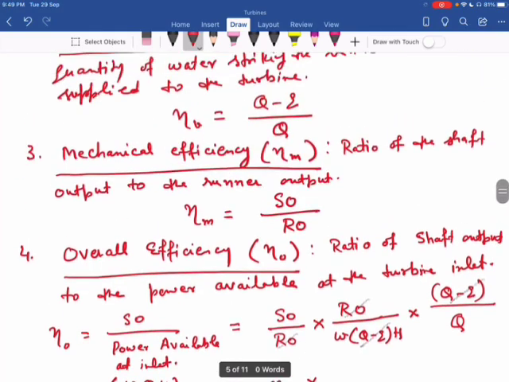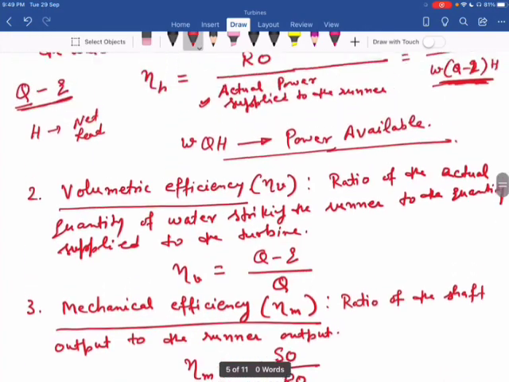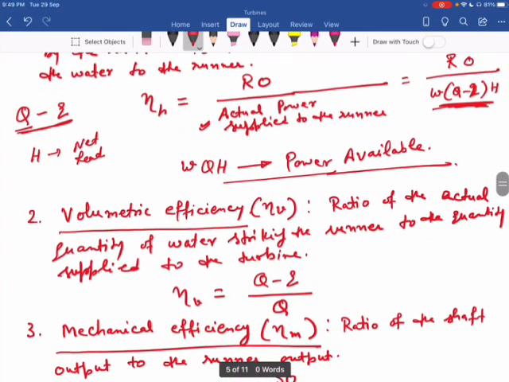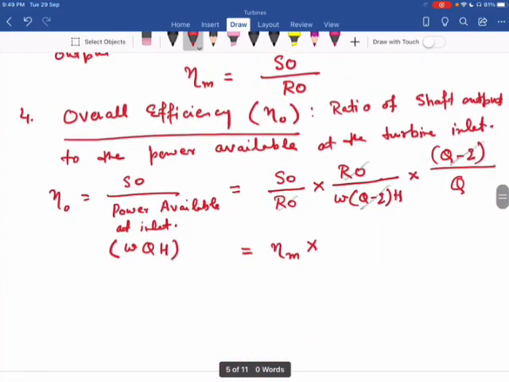Runner output to W(Q minus q)H is my hydraulic efficiency. And the last term, (Q minus q) by Q, is the volumetric efficiency.